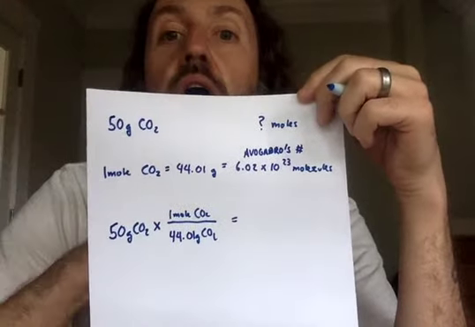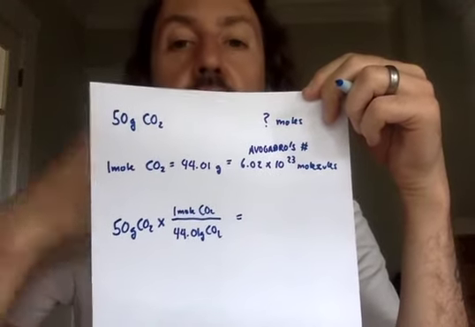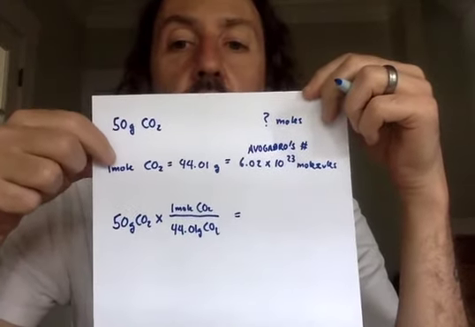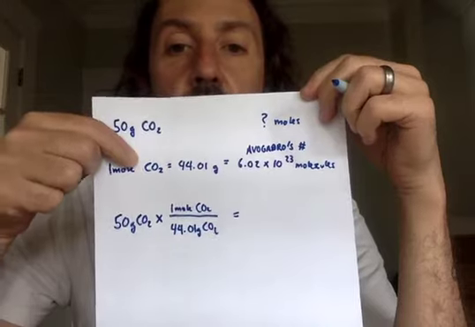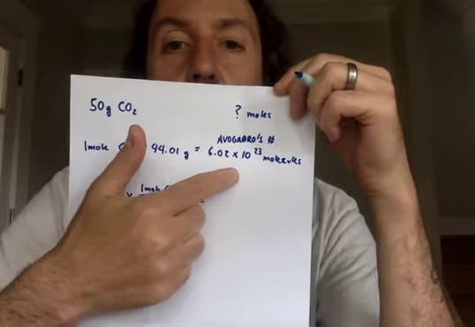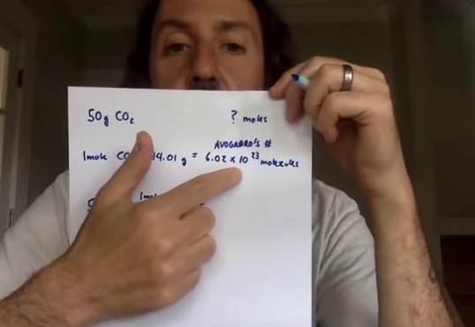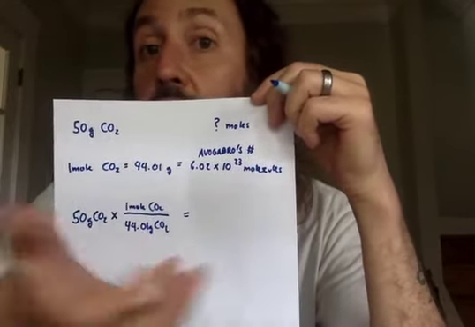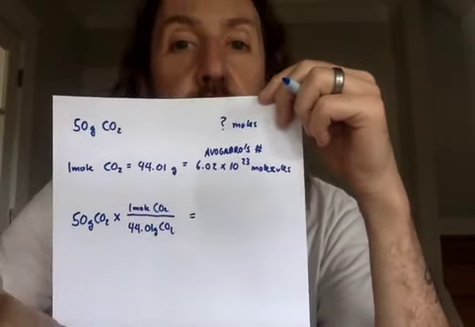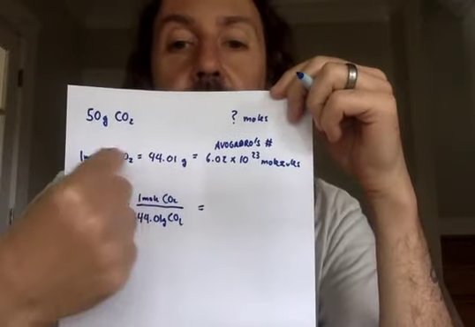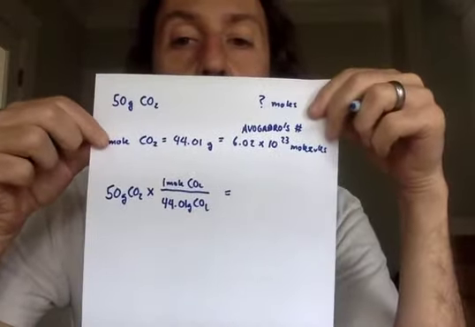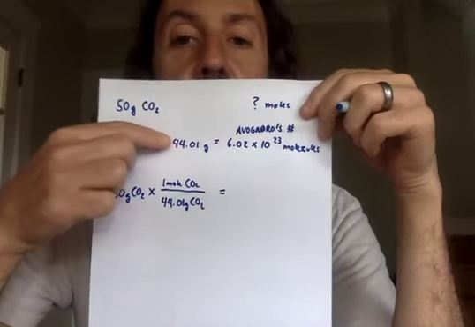For salt, and we'll do this in another video, since it's an ionic compound, it would be 1 mole of salt equals the molar mass of salt equals 6.02 times 10 to the 23rd. The only difference would be, instead of molecules, an ionic compound, which we'll talk about later, has formula units, okay?